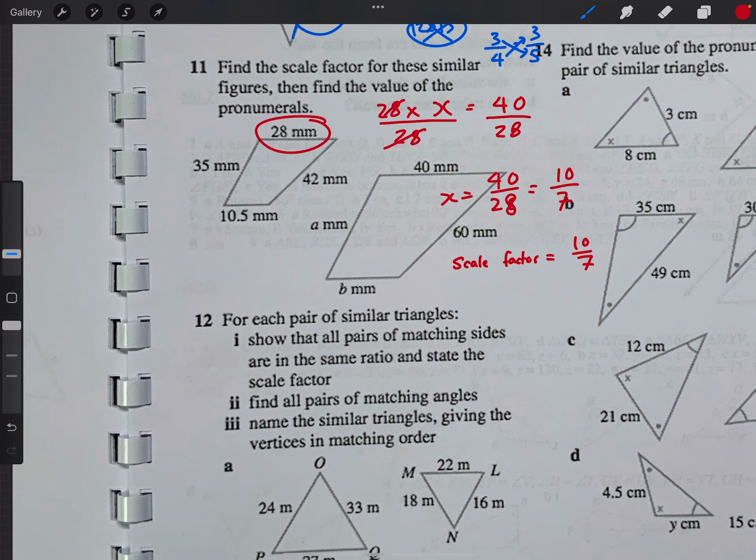Now I want to find the value of a. There's only one pronumeral here, that's a. Actually there are two. Okay, I'll do a first. To find a, we know that 35 multiplied by the scale factor will give me a. So 35 times 10 over 7 is equal to a.